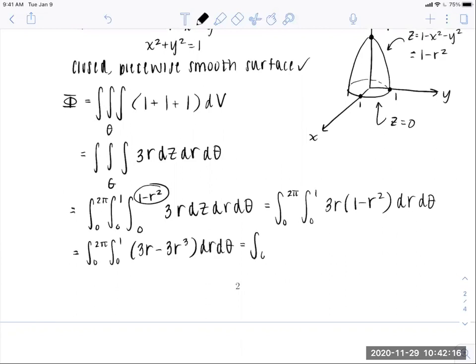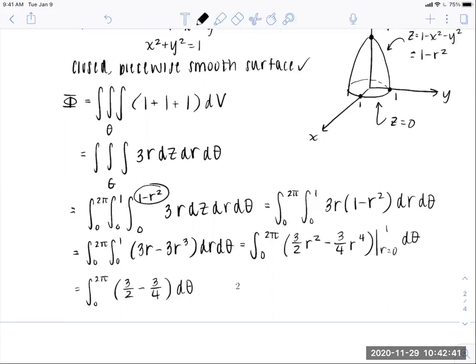So we'll integrate with respect to r. That's going to give me 3/2 r squared minus 3/4 r to the 4th, where r is running from 0 to 1. So I get the integral from 0 to 2 pi of 3/2 minus 3/4 d theta.